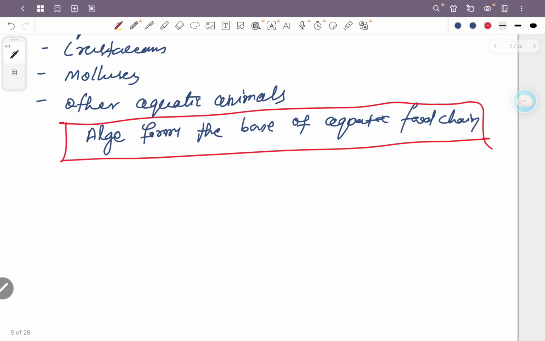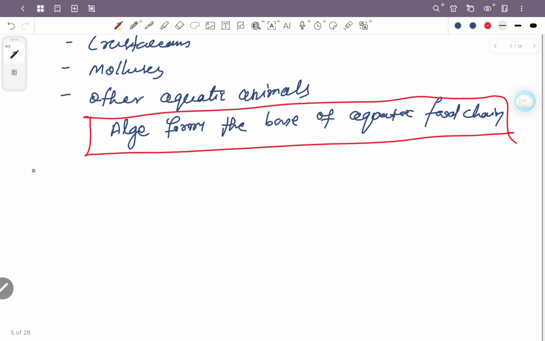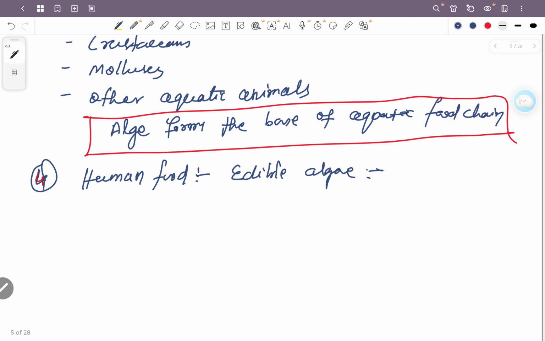Now the next one is they act as human food. So some edible algae, these are names you have to remember, children: Porphyra, okay, and then Laminaria and Sargassum.